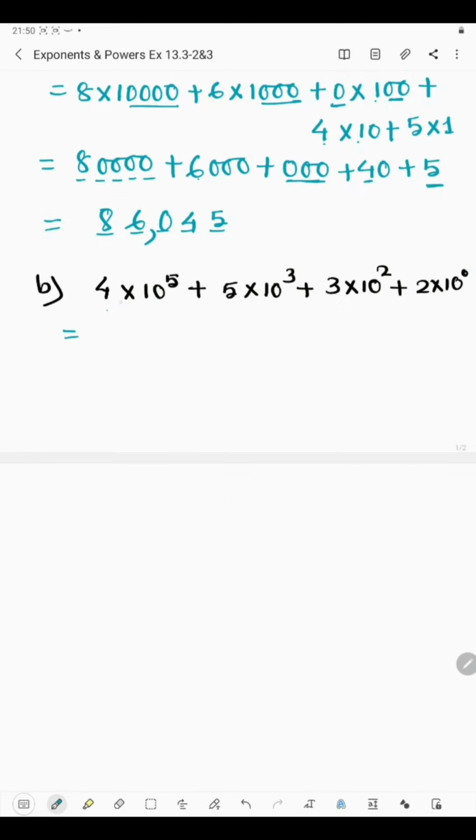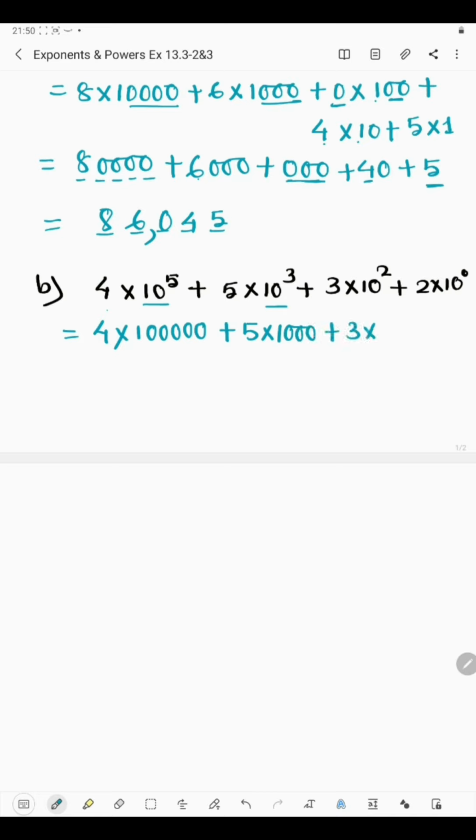Now in the B part we have 4 multiplied by 10 to the power 5 plus 5 into 10 to the power 3 plus 3 into 10 to the power 2 plus 2 into 10 to the power 0. So at first we will simplify it. 4 multiplied by 10 to the power 5 means 5 zeros with 1, plus 5 multiplied by 10 cube means 3 zeros with 1.